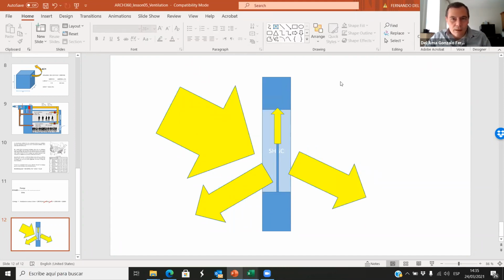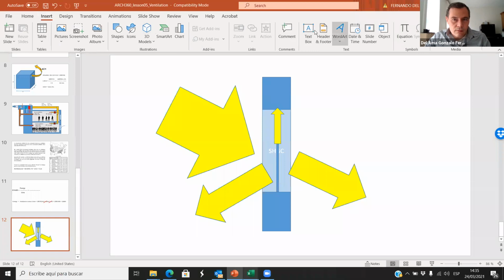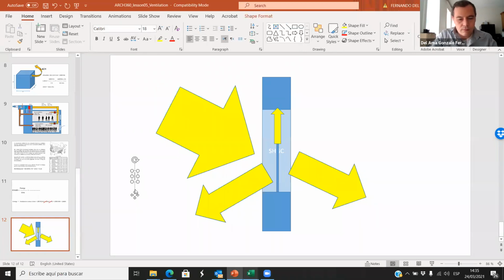Okay. So this is what we receive from the sun, the irradiance.